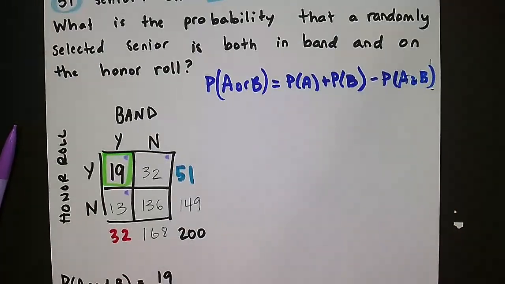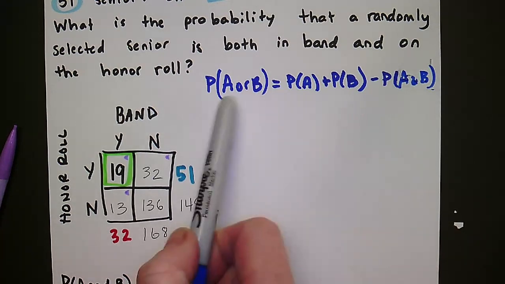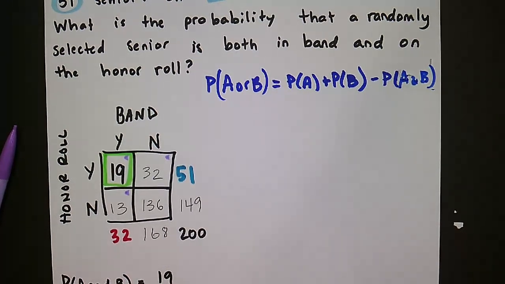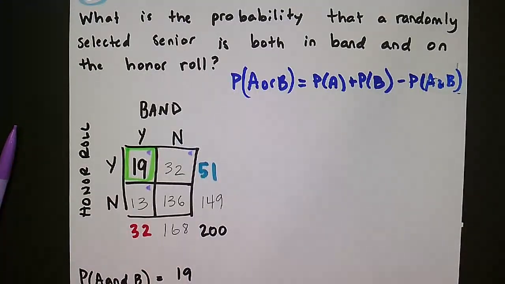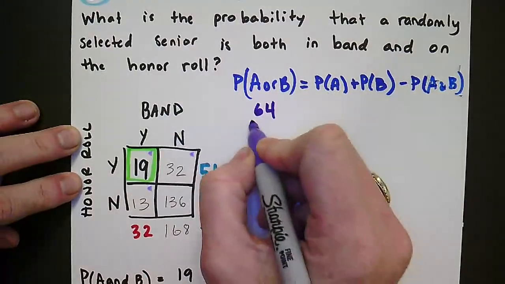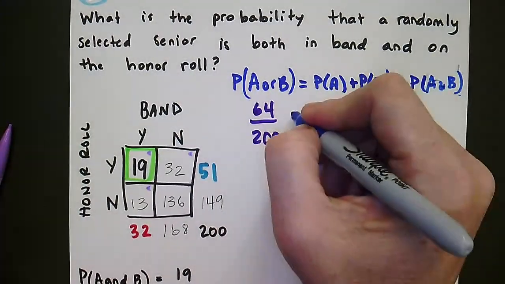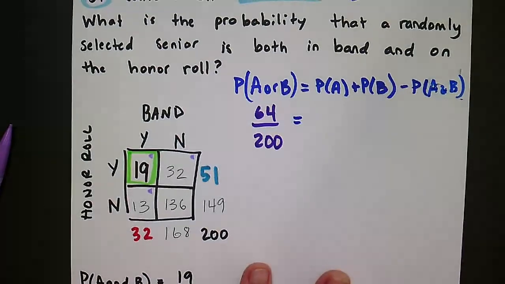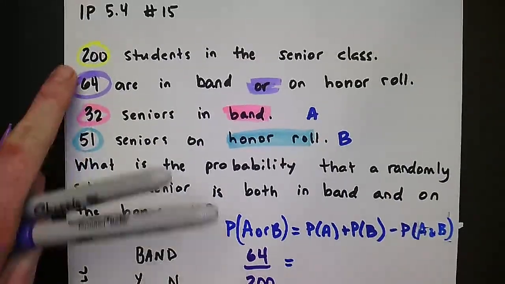Okay, now what I also want to do is I want to show you that the relationship, the formula, the rule works as well. All right, so we need the probability of A or B. Well, they give us that number at 64, right? We had 64 students that was in the band or the honor roll. So I'm going to go 64 out of 200. And then I'm going to do my individual probabilities. So my probability of being in band, well, that's 32 out of 200.